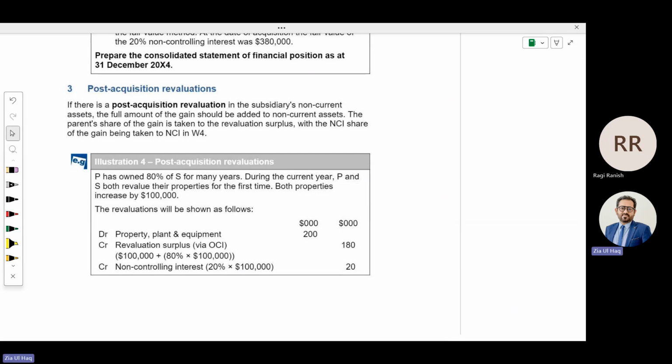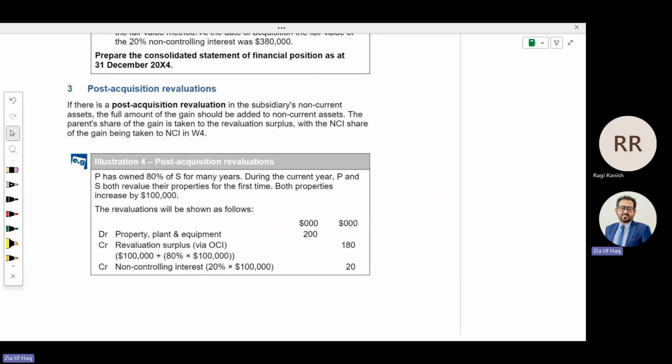Post acquisition revaluation. This means after acquiring the subsidiary, if there is a revaluation of assets. Due to revaluation, what will happen? Asset value will become more. This means we need to debit the asset.